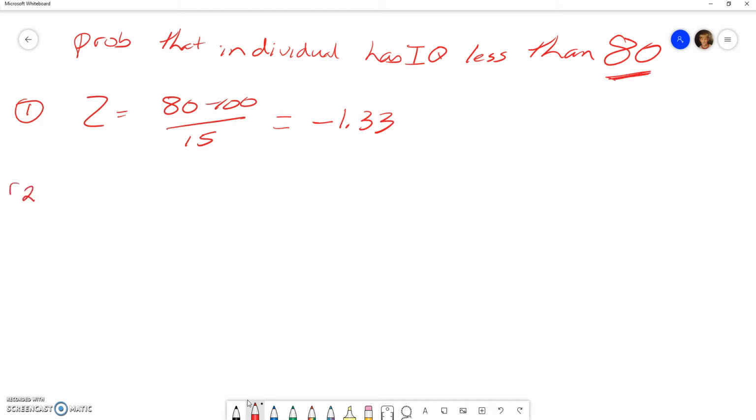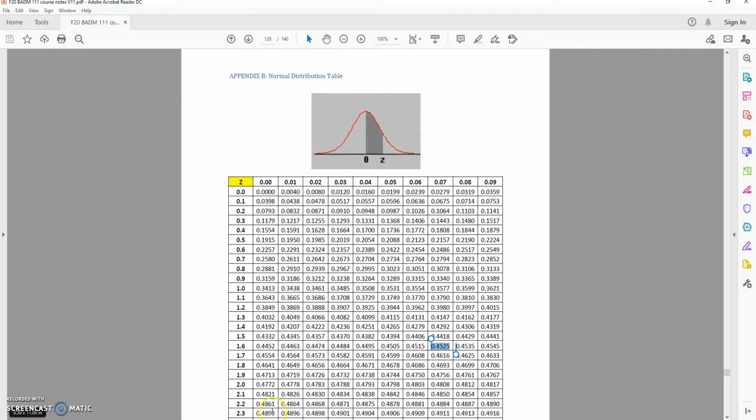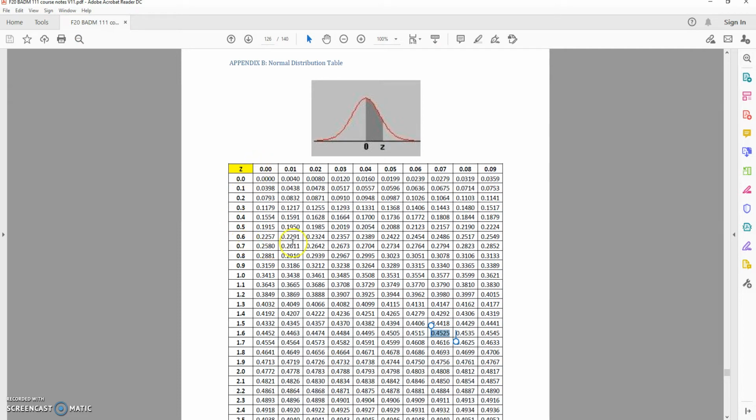Step 2 is to find an area that corresponds to this Z value of 1.33. When you are finding an area, it does not matter if Z is negative or positive. So 1.33: here is 1.3, and there is 0.03. So this area is 0.4082.